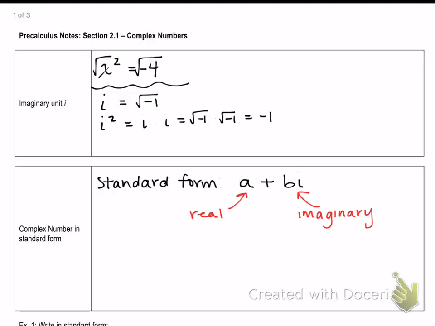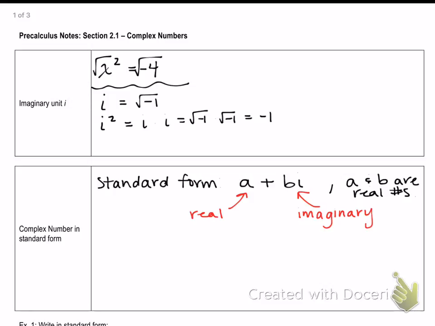So I want to be clear here that a and b are real numbers. Okay. All right, so when I have this a plus bi together, it's a complex number. So essentially a complex number is this real and imaginary piece put together.